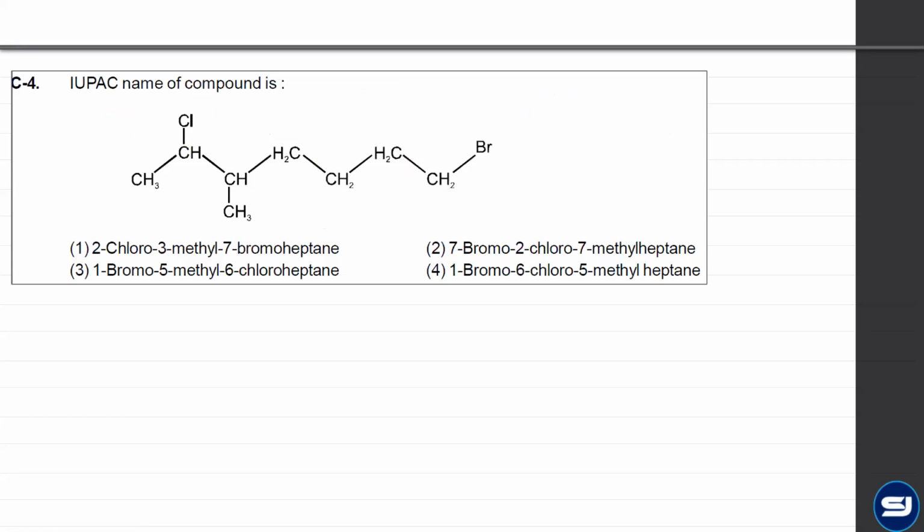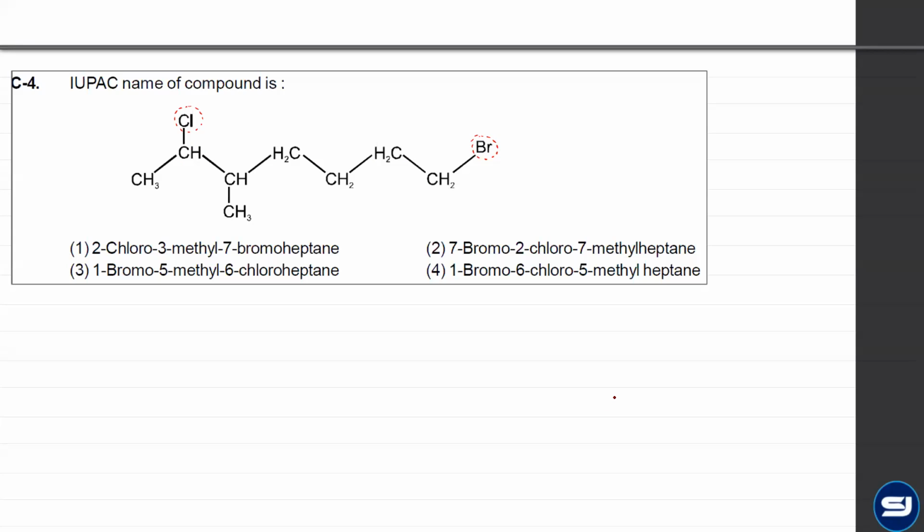Next, IUPAC name of the compound. Now apart from the carbon chain, you see chloro and bromo. Are they considered functional groups? No, because they are at the bottom of the priority order.